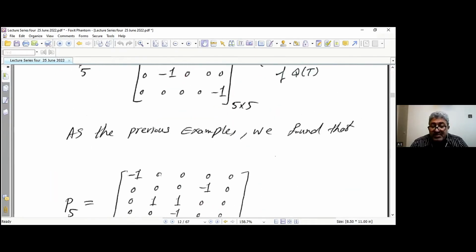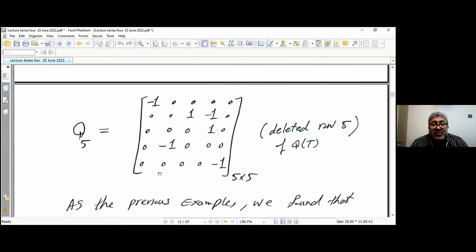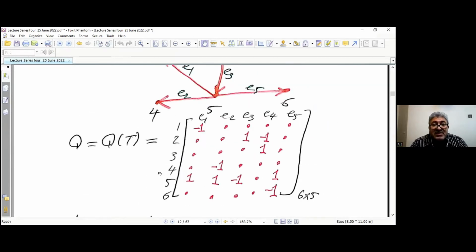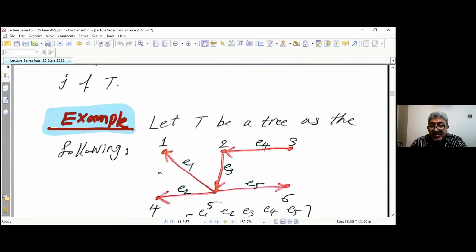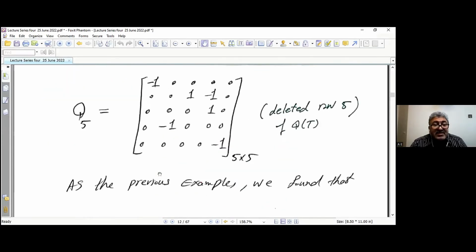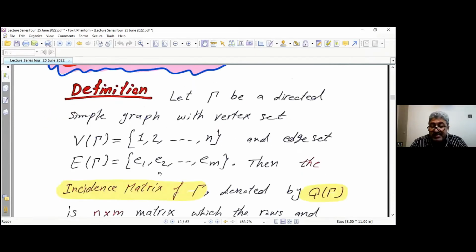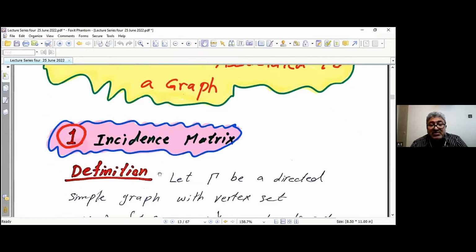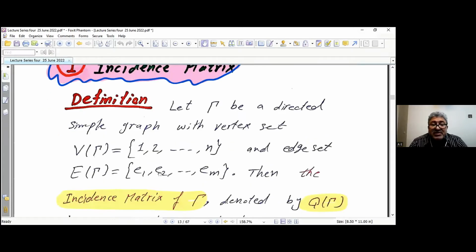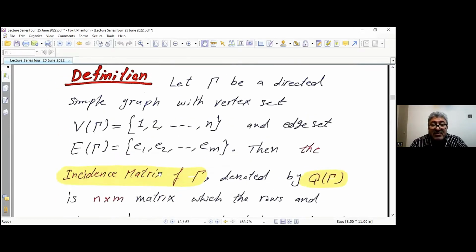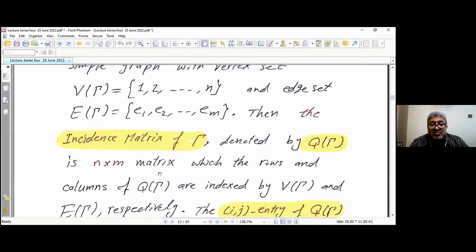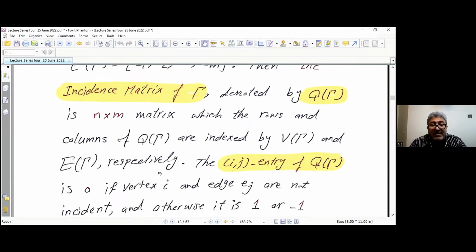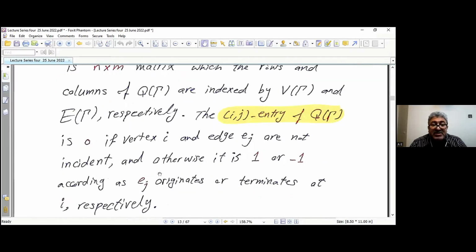The important ones were the incidence matrix and the path matrix. Let me remind you again. The first matrix which I introduced was the incidence matrix for a directed graph. Of course, we are all talking about simple graphs, so we don't have any loops or multiple edges.